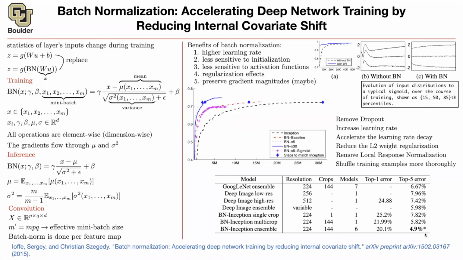Are those batch norm models including batch normalization once or multiple times in the network? No, this is for one layer. Usually after each convolution, there is a batch norm. So in your neural network, you have multiple layers, and each layer usually has a couple of convolutions. After each convolution, there is a batch norm.